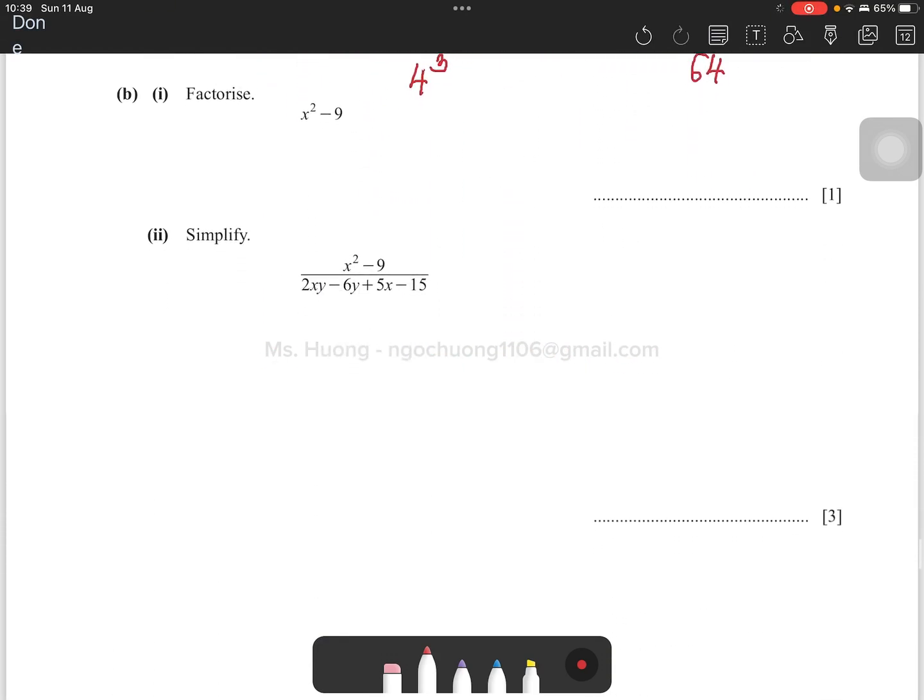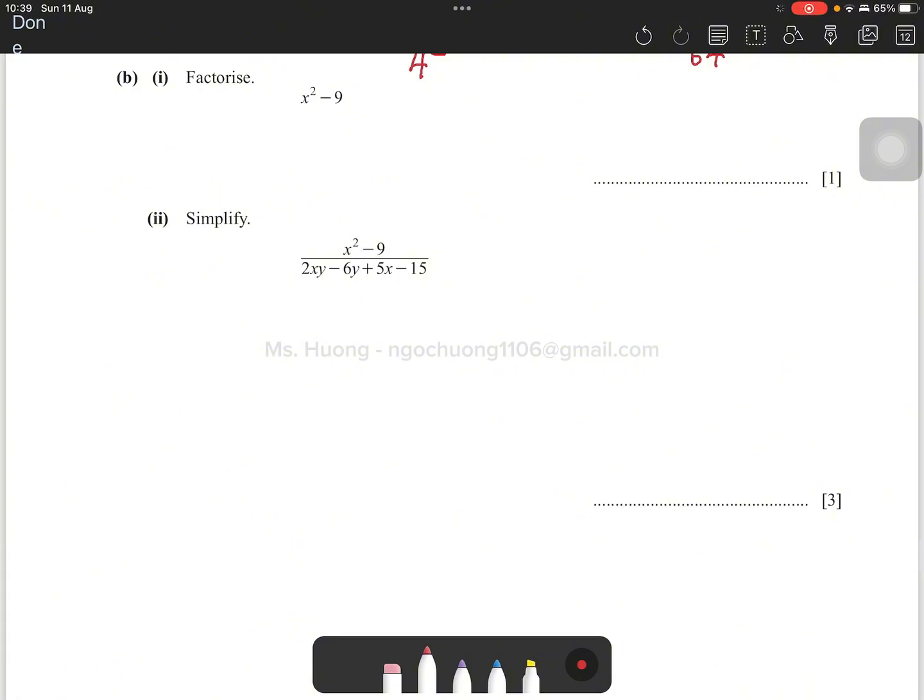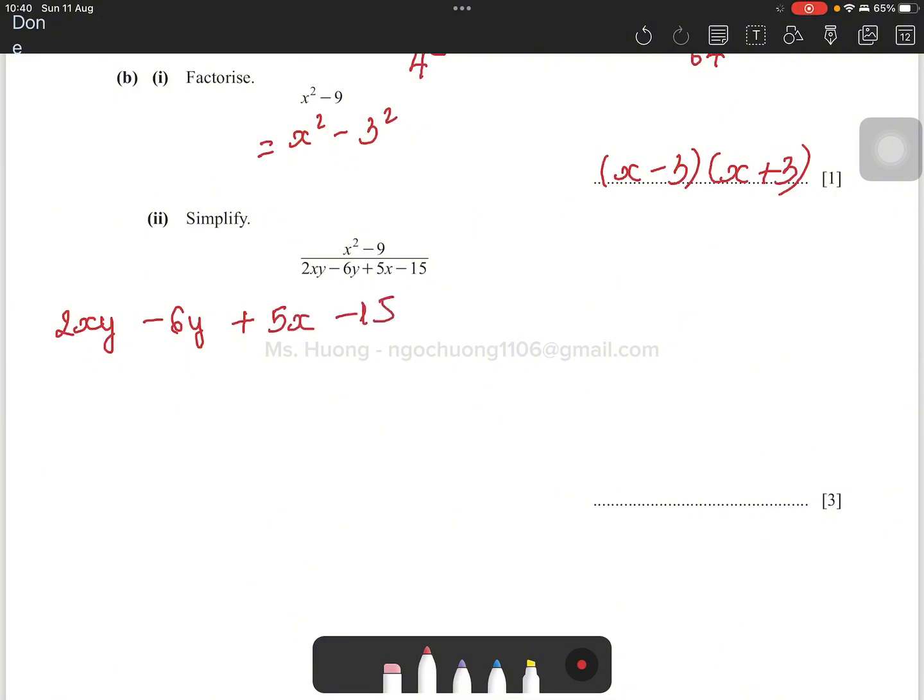B. Factorize x squared minus 9. You know that 9 means 3 squared. So x squared minus 3 squared is x minus 3 times x plus 3. Second question, we simplify this expression. For the denominator, 2xy minus 6y plus 5x minus 15.